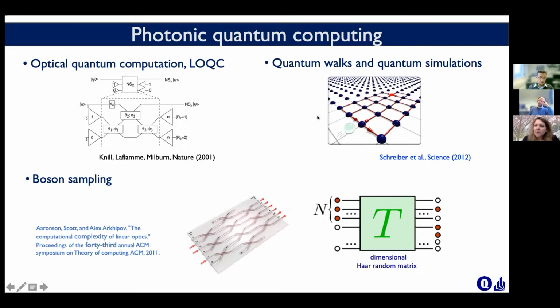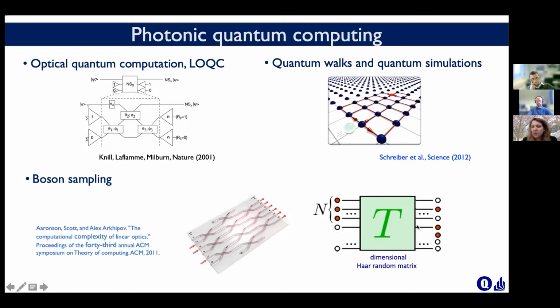There is something which we call quantum walks and quantum simulations. We also made some contributions on that, which is less ambitious because it's not a full computer. And there's something which is even more, which nowadays is known under the name of boson sampling. It's again the question, what can we calculate? And this is quite interesting because in 2011, Scott Aaronson and Alex Arkhipov came up with a system which is rather simple.